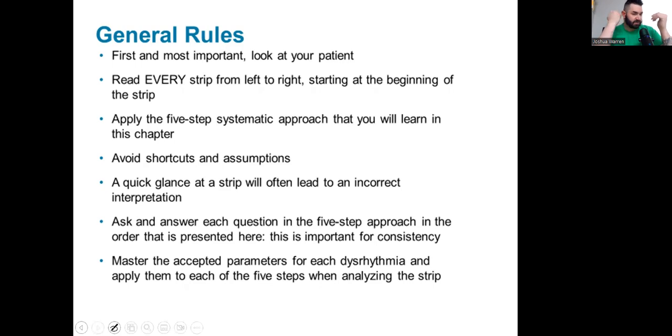A quick glance will often be wrong, especially if there's the subtleties I like to sneak in there. Like what? A first degree block is simply what? PR interval is a little bit longer. If you're not counting those little blocks, I'll sneak one past you. And guess what that means on your paper? X.